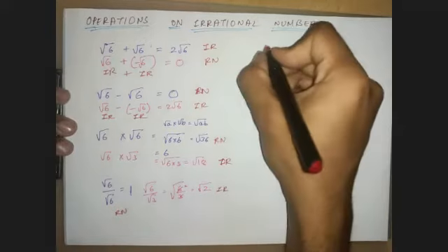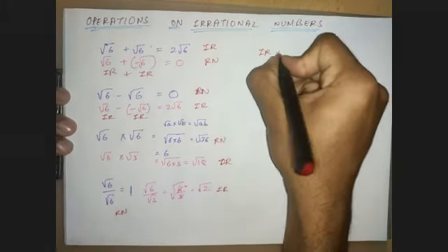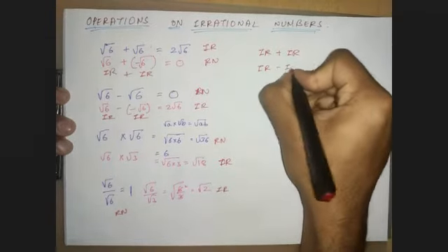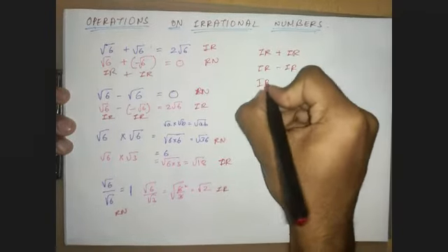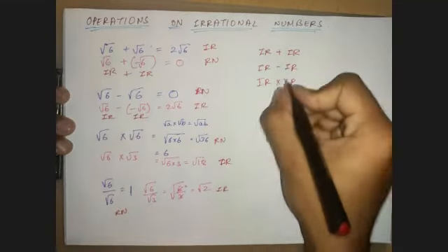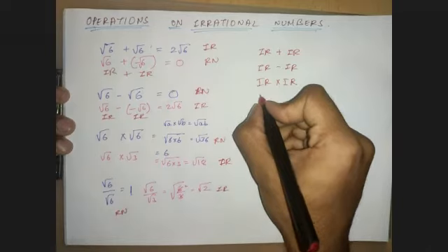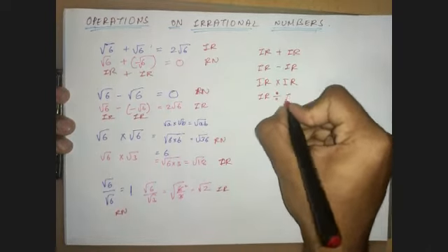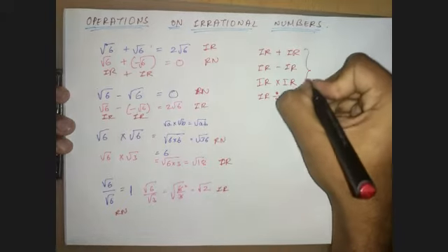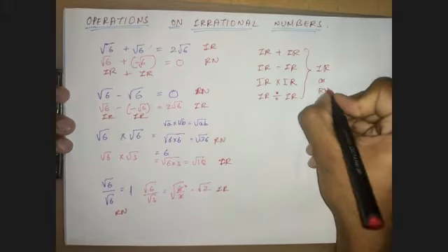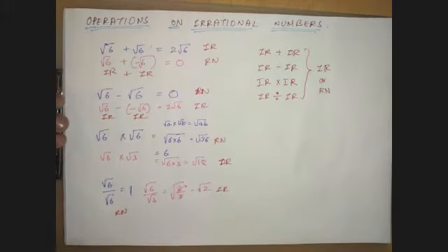So I can conclude that irrational number plus irrational number, or irrational number minus irrational number, or irrational number into irrational number, or irrational number divided by irrational number gives me irrational or rational number, right?